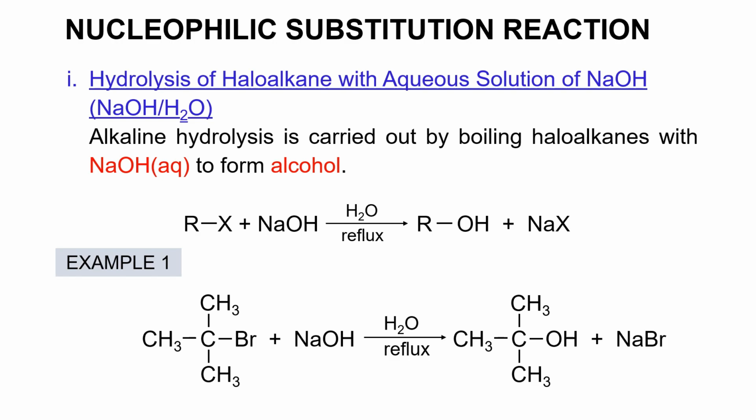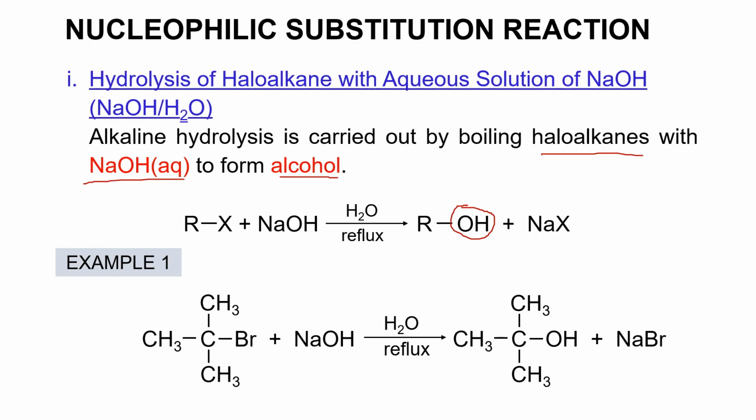First, hydrolysis of haloalkane with aqueous solution of sodium hydroxide. Alkaline hydrolysis is carried out by boiling haloalkanes with aqueous sodium hydroxide to form alcohol. So haloalkane, aqueous sodium hydroxide, reflux to form alcohol and sodium halide.